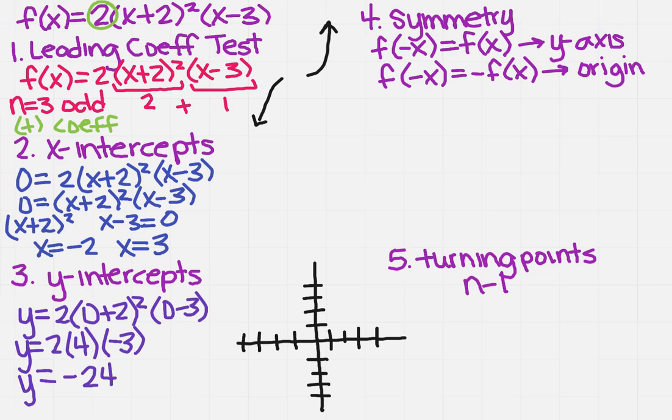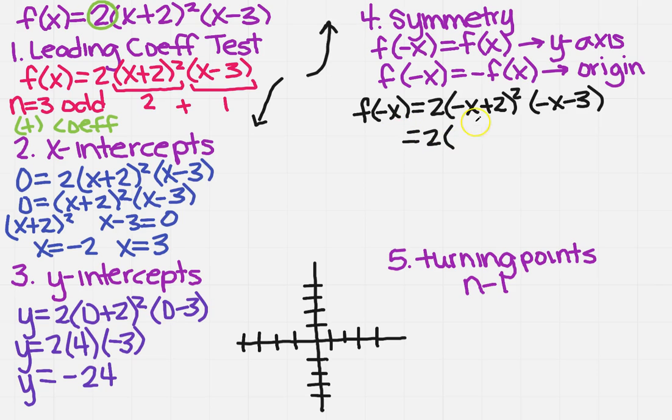Now what we need to do is see if there's any symmetry with this graph. When we look at that, remember we're going to plug in minus x everywhere there's an x. So I'm going to have f of minus x equals 2 times (minus x plus 2) squared times (minus x minus 3). Oh, looks kind of like a hot mess, doesn't it? We would have to expand this term.